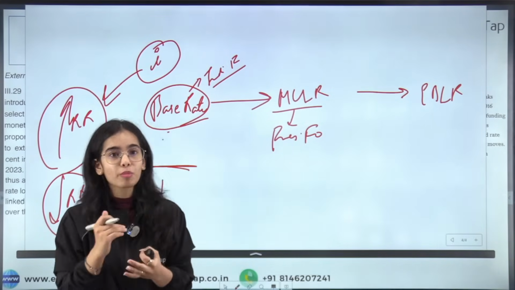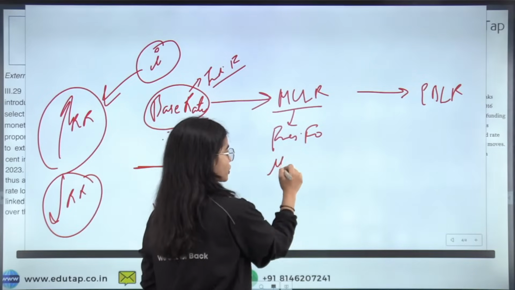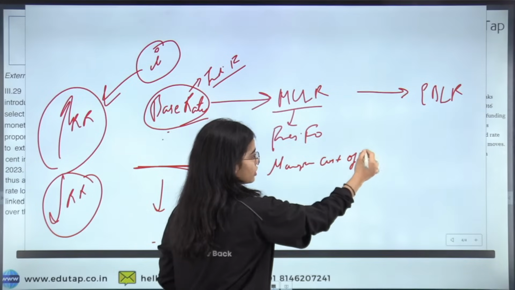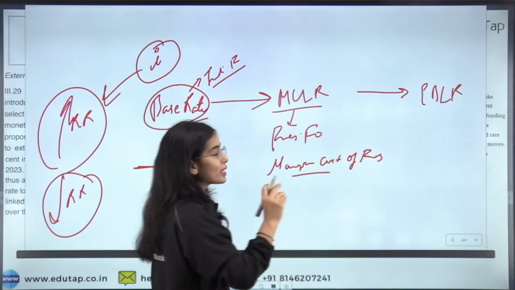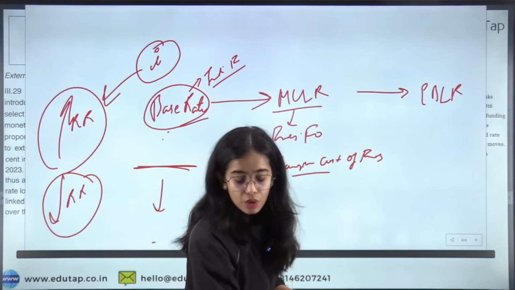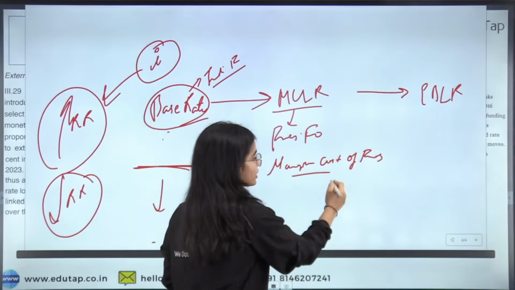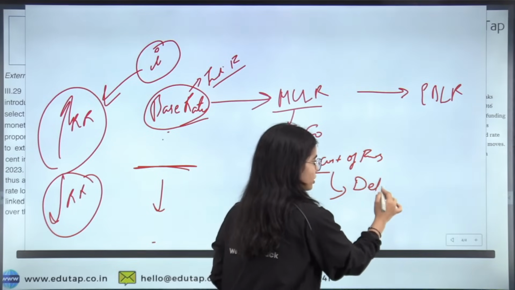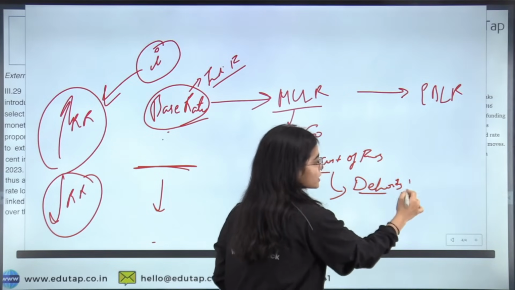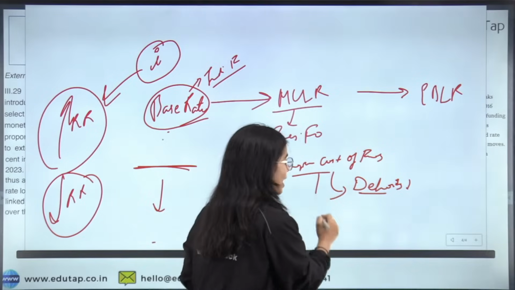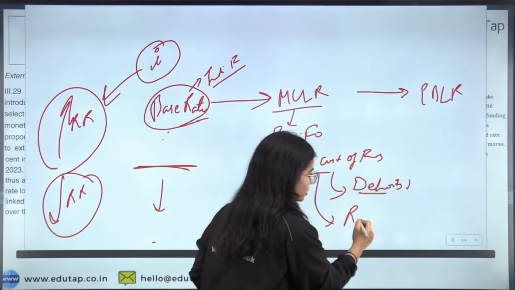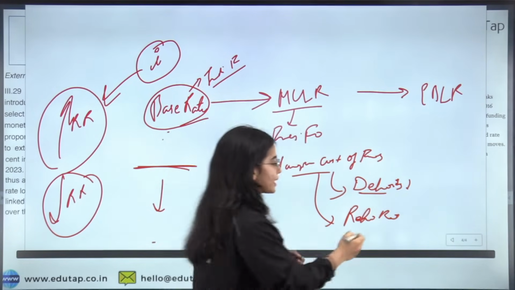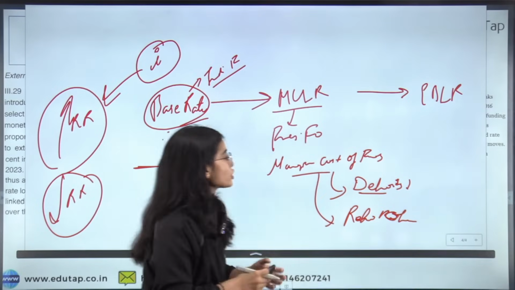But in this formula also, there is the marginal, the additional cost of funds. What is the cost of funds? So let's say that banks are getting the funds through deposits. Now the deposit rates are very low. The banks also get funds from the repo operation by taking a loan, so that is also a way.